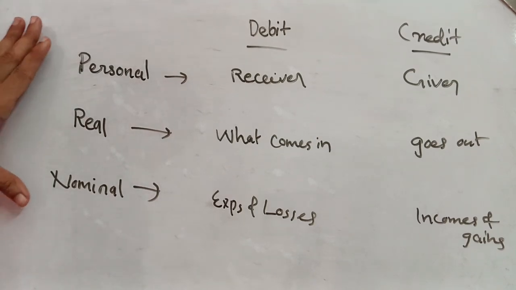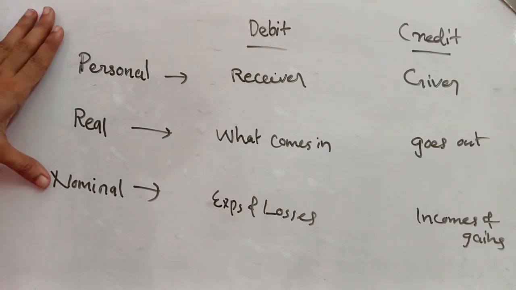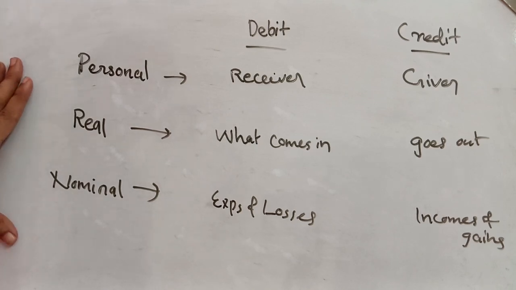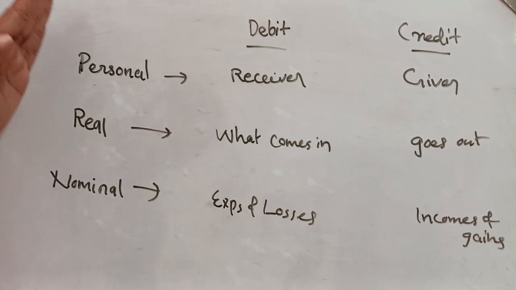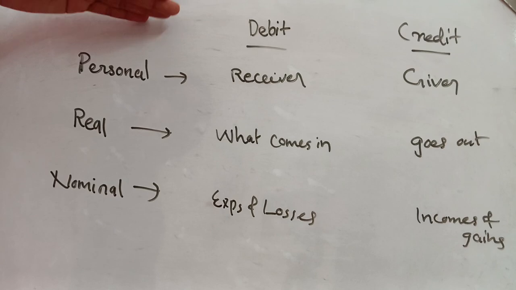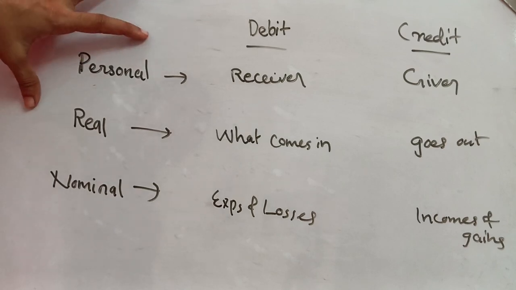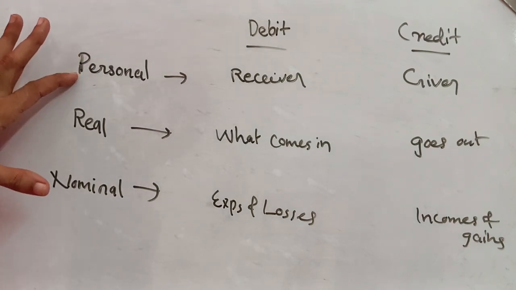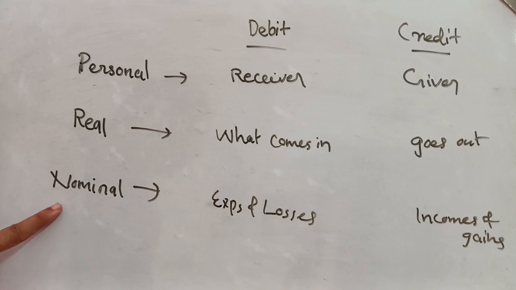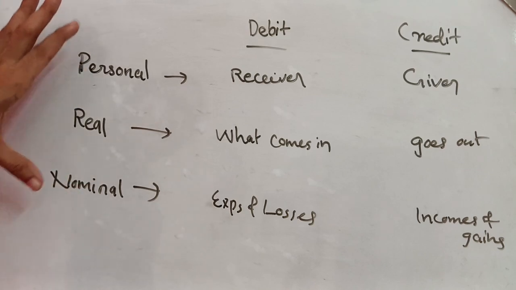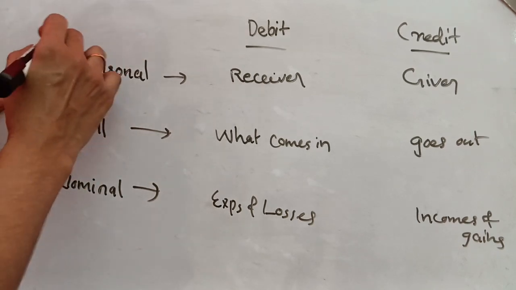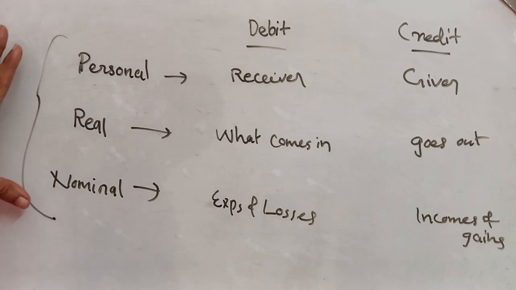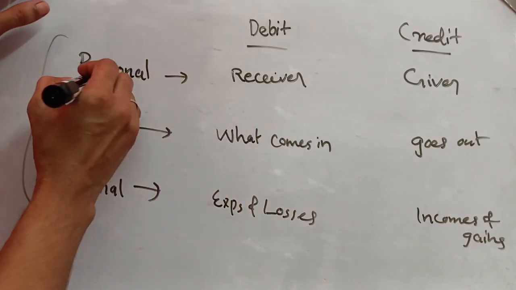Simply, this is the rule of journalizing for debit and credit according to the traditional classification. We already discussed the traditional approach, which categorizes the accounts into three categories: personal accounts, real accounts, and nominal accounts. Now we are going to discuss how we debit or credit these accounts.